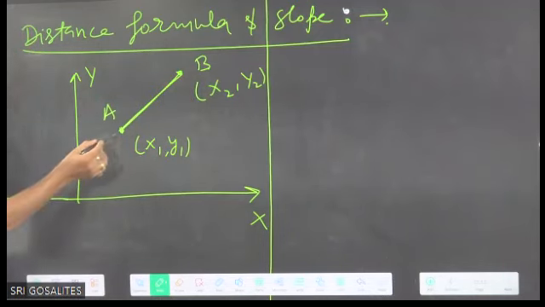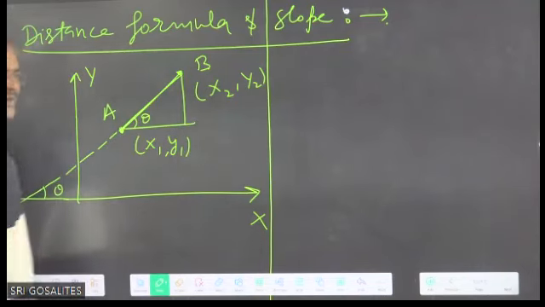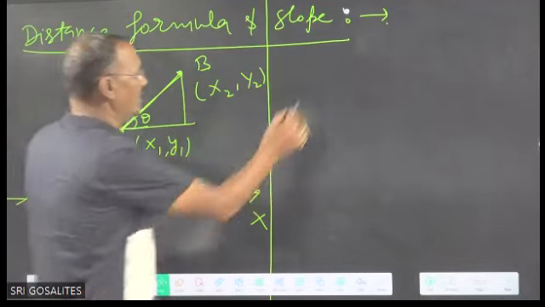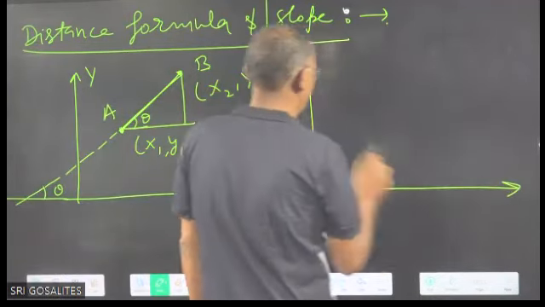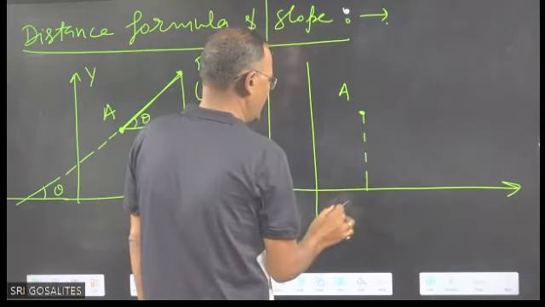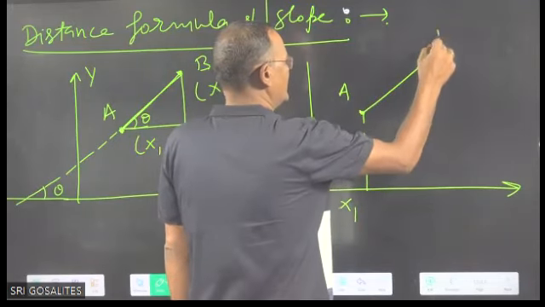So what to do? We can take it backside, whatever the angle theta here, the same will be here. Now what is this base? Do you know? See, here we will tell you. A is x1, y1. बोले तो ये कितना था? This was x1 and this was y1. Here is the B.